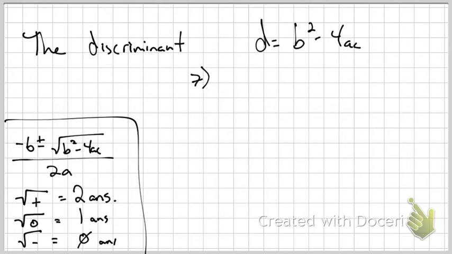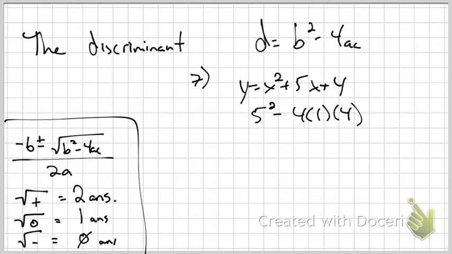All right, so let's put it to work. Number 7 on your notes. y equals x squared plus 5x plus 4. If I put in b squared minus 4ac, so 5 squared minus 4 times 1 times 4. Standard form is ax squared plus bx plus c. That's from 2 days ago.